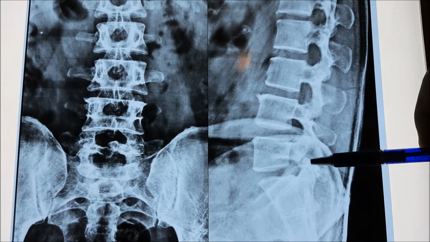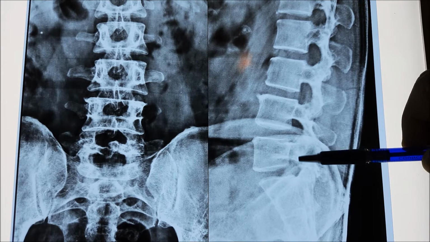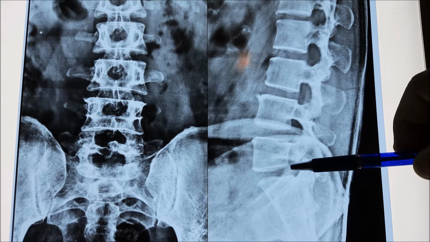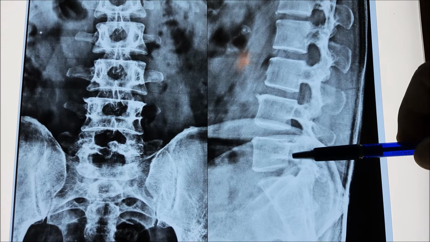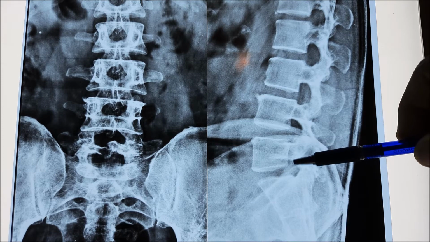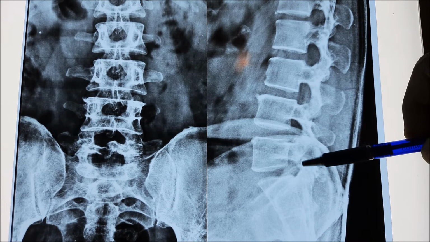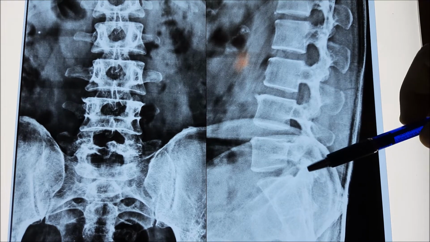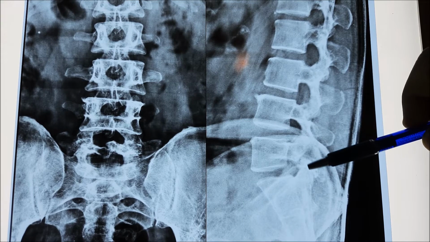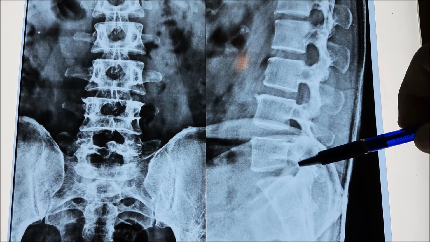Looking at the L5 vertebra properly, we saw a fracture in this region, called the pars interarticularis. Because of this fracture, the spinous process of L5 got separated from the L5 vertebra. We can see this fractured spine over here.